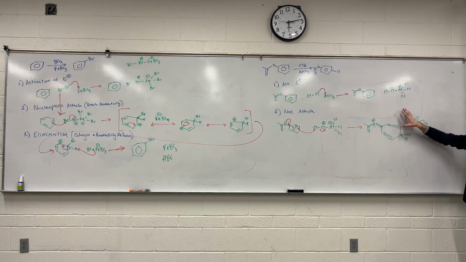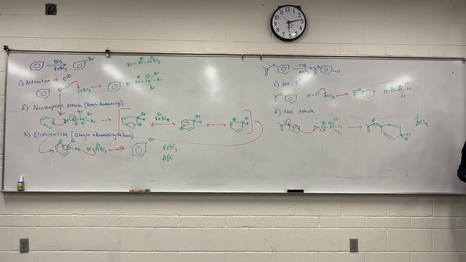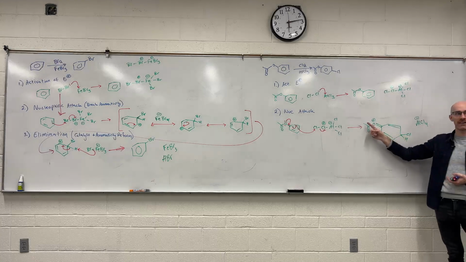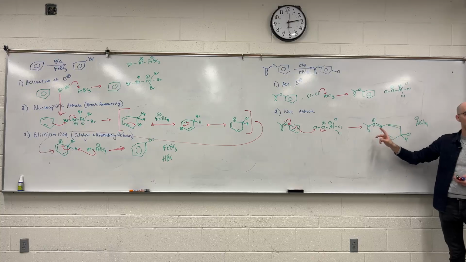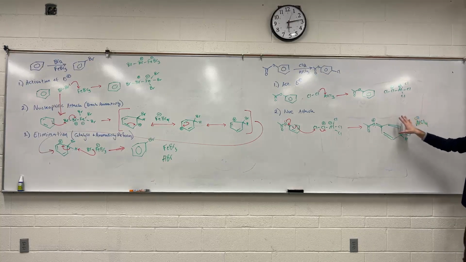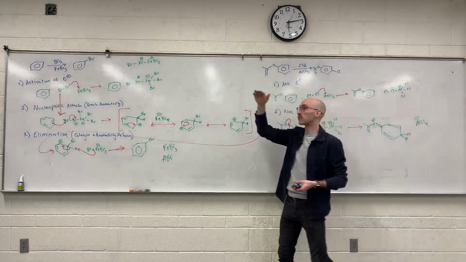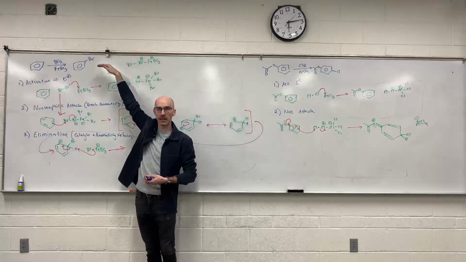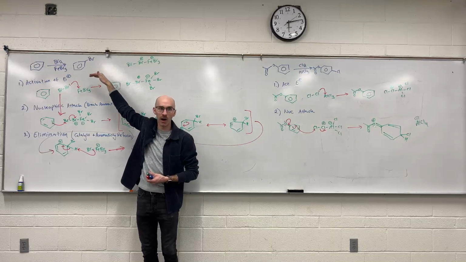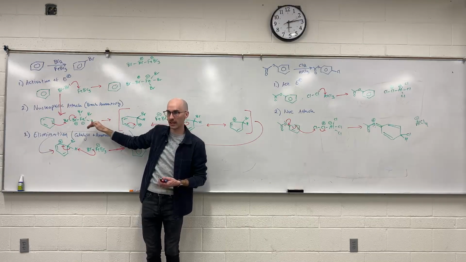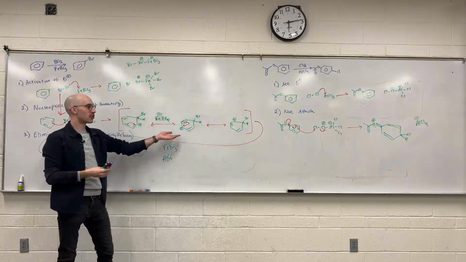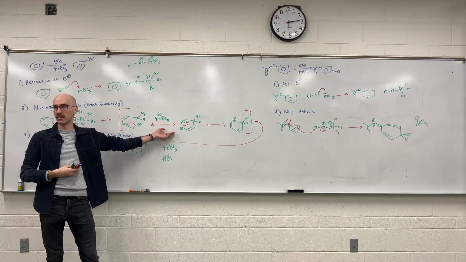Then we start to consider charge placement. Less electronegative gets positive, more electronegative gets negative. But first, before I care about where the charge is, I want to make sure that every atom has a maximum octet. This is the major resonance form, which is why, I erased my little energy diagram, which is why the intermediate is lower in energy relative to just benzene reacting.